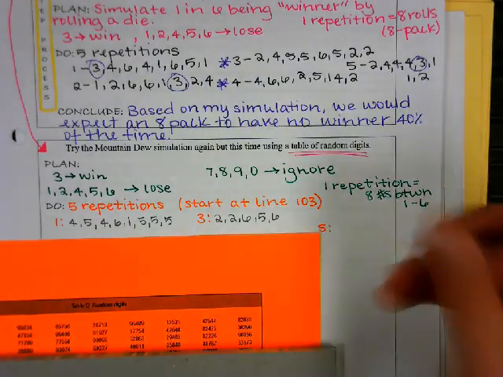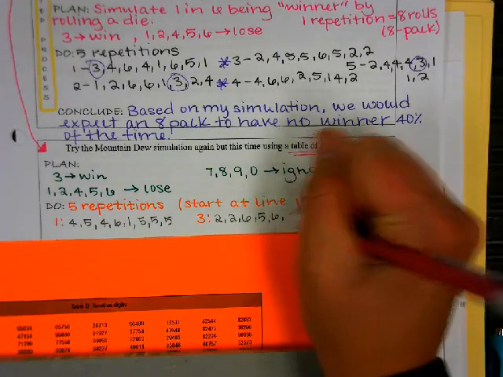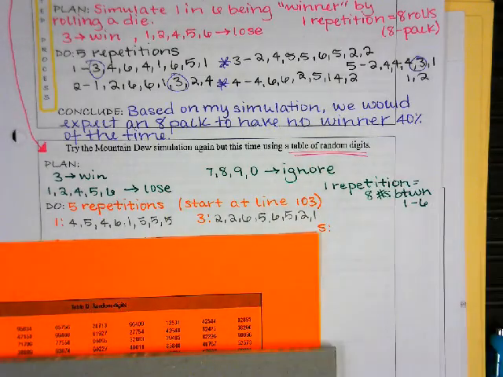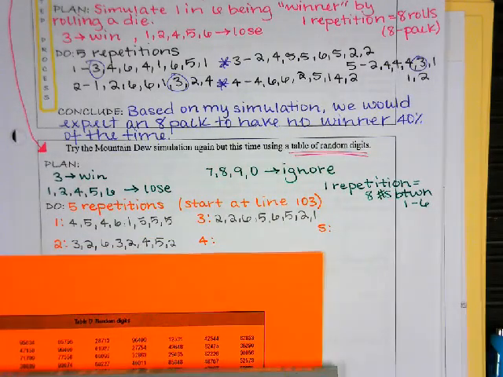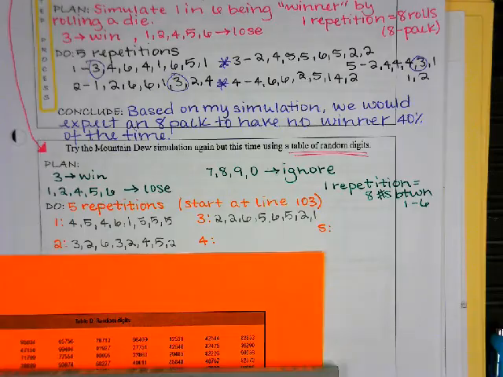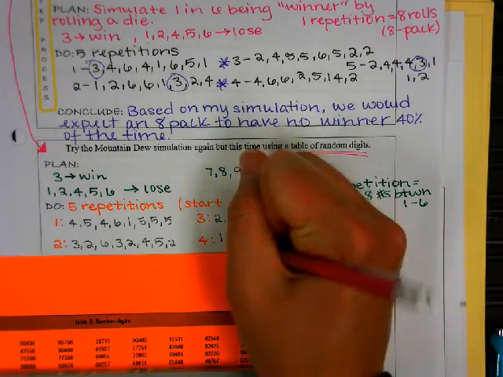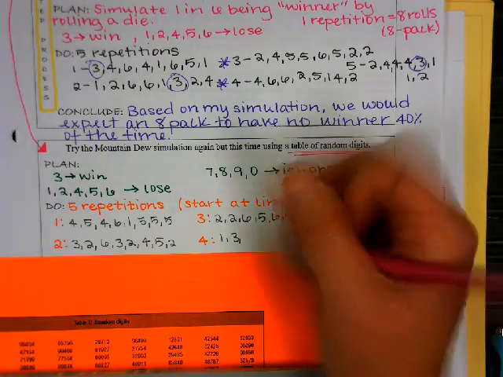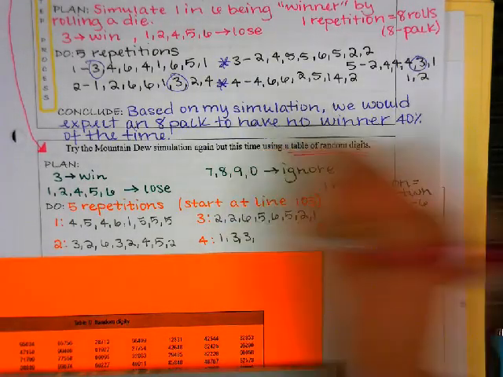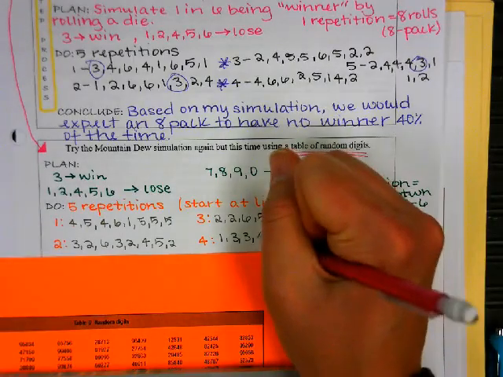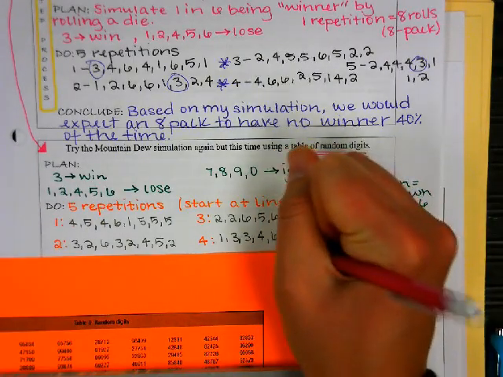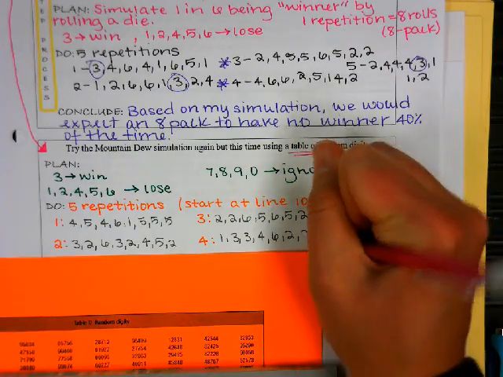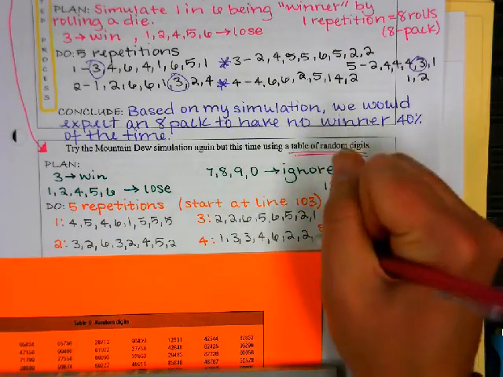Then I have 5, 2, 7 I ignore, and then I have a 1. And that's repetition 3. Picking up where I left off, I have 1, 3, then I have 8, 8, 8, 9, 9. Ignore those. 3, 0, 7 I ignore. 4, 6, ignore my 0. 2, 2, ignore the 7, and a 4.